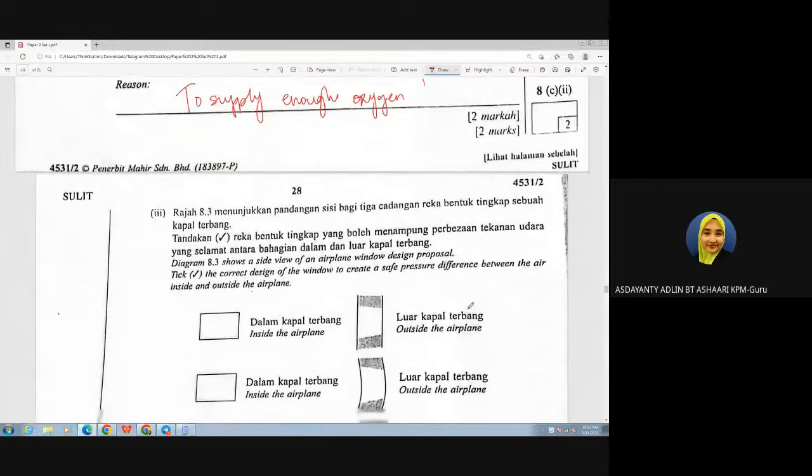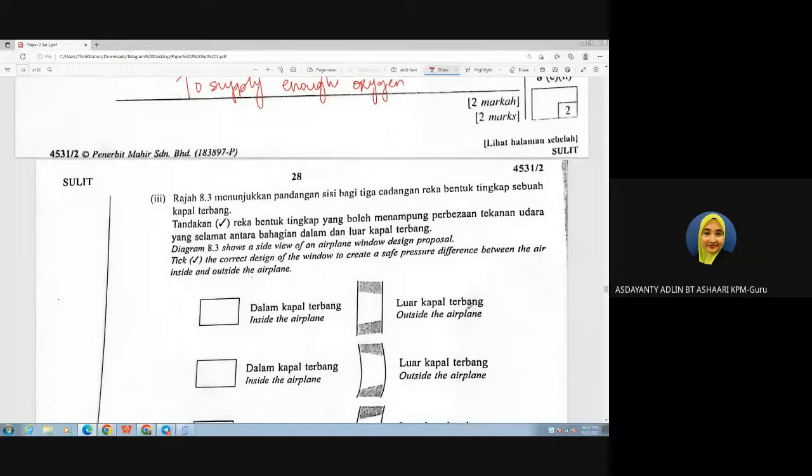Okay, number 3. Diagram 8.3 shows a side view of an airplane window design proposal. Okay, so take the correct design of the window to create a safe pressure difference between the air inside and outside the airplane.